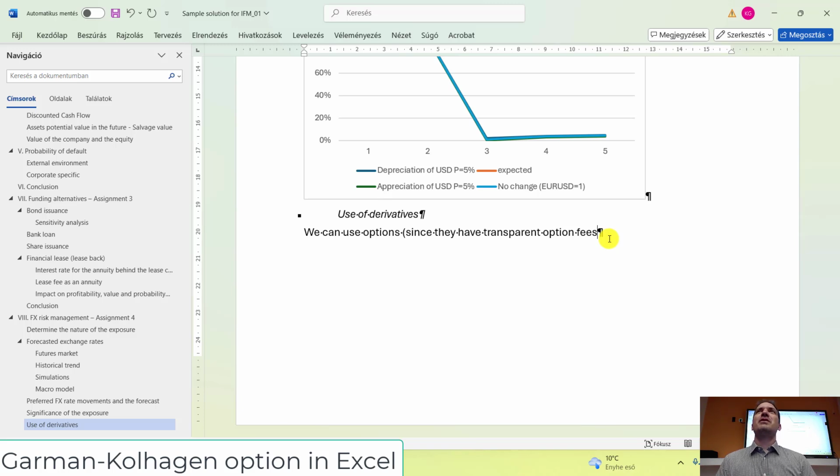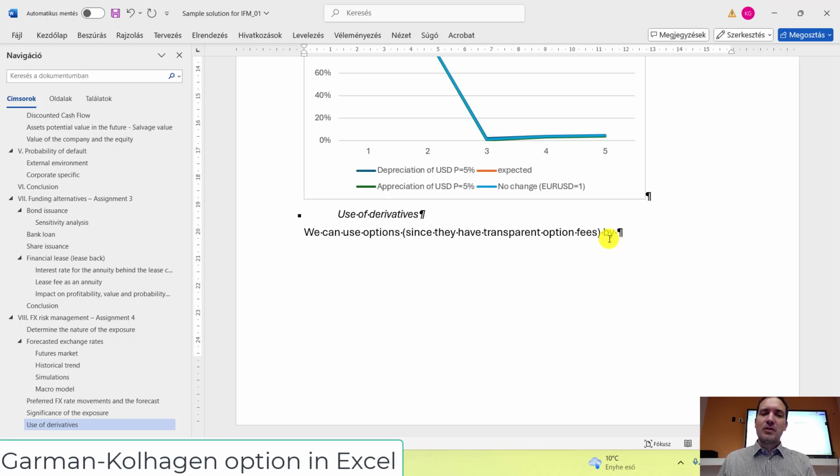So the problem with futures market is that for futures market we have to put down or pay in margins, which is a non-interest bearing deposit like asset, but we cannot estimate the necessary value. So the brokerage firm or the investment bank will ask for some kind of money at the time where we are initiating the contract, but I cannot estimate it. So that's why options are better, because option fees we can estimate at least.